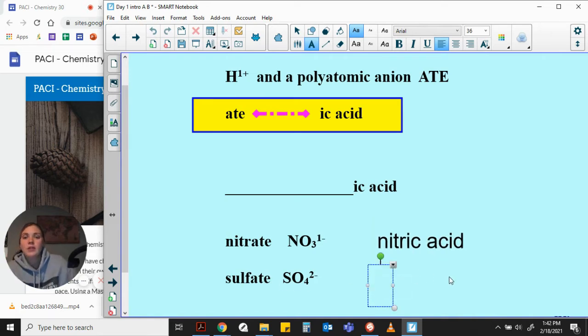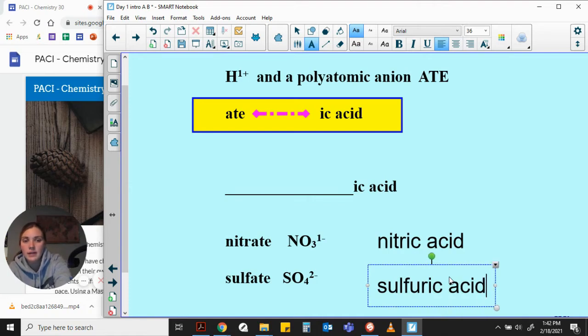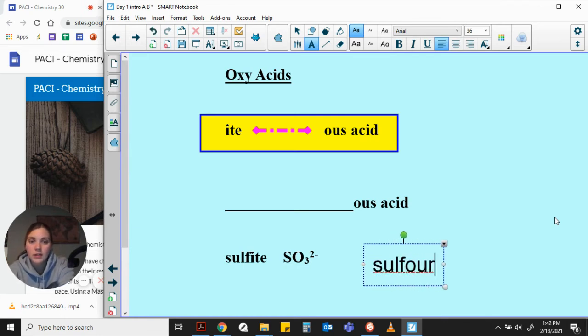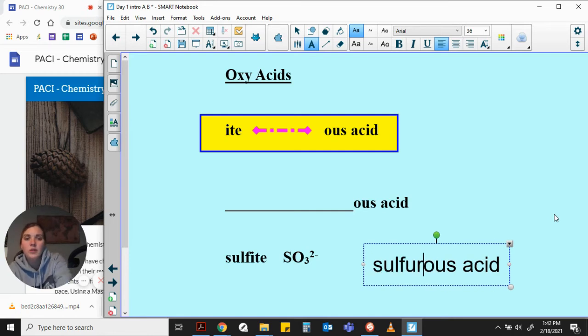So same thing down here, if you've got sulfate, it's going to become sulfuric acid. I'm going to write this part down. Okay, so our other types of oxy acids, we have an ite, and so ites can become ous. And so for sulfite, if you have a sulfite ion in that, it's going to become sulfous acid. So sulfous acid sounds kind of weird, and so this one's actually going to be sulfurous acid.